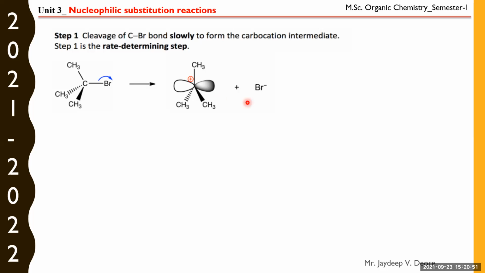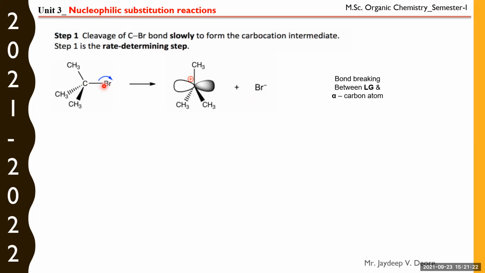And now this step is known as the rate determining step. Why rate determining step, and how is the rate of reaction determined? We must always remember that in any kind of reaction, if the bond between the leaving group and the alpha carbon atom is going to be broken, that means this step belongs to the slow step. Here you can see that bromine is the leaving group and this is the alpha carbon atom.